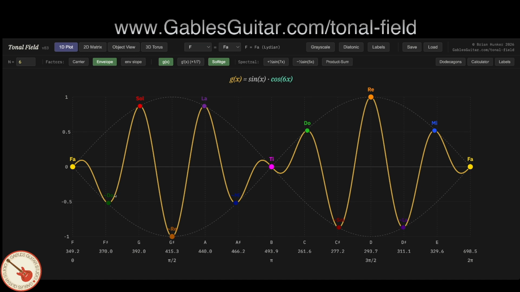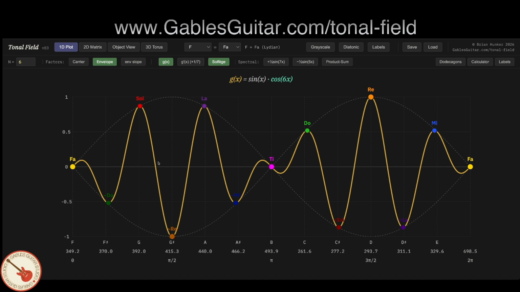But rather than just calling it a black key or an alteration, or Fa sharp or Sol flat, we can do that. But it has a more substantial relationship to the curve. I've chosen to label it anti-Do because it's a tritone away from Do, and it's the exact same magnitude, but the opposite sign, and the same slope.